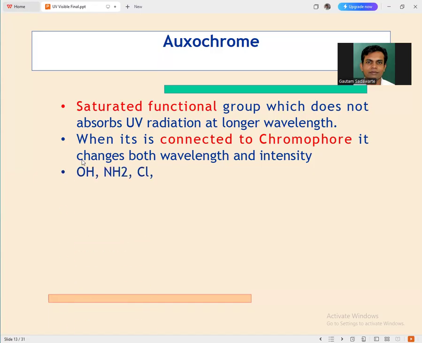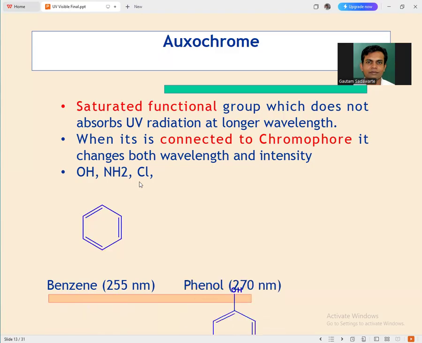For example, OH, NH2, and Cl. See, this one is benzene. It shows absorption at about 255. But when benzene is connected to an OH group, what happens?